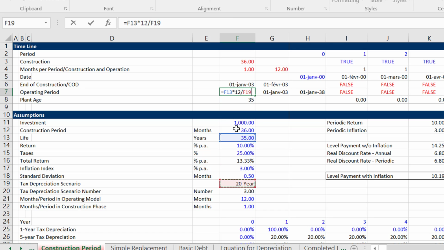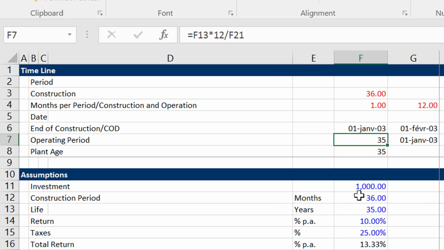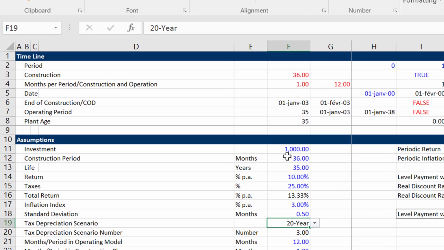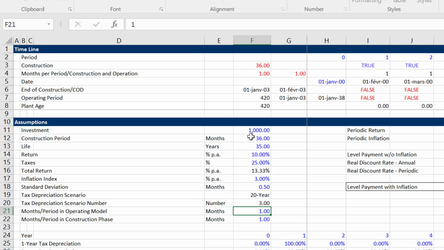But this time I'm going to divide by 12. So that gives me how many periods we have. If I put this to be 1, then we'd have 420 periods, which is fine.